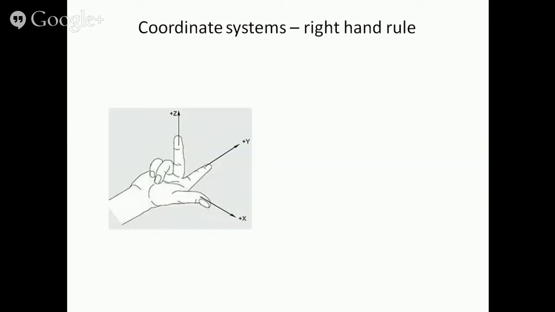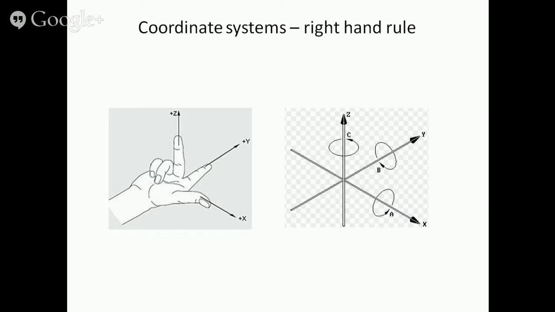The right-hand rule, with which you are familiar, applies also on CNC machines. Remember that the axis rotating around the x-axis is A, around the y-axis is B, and around the z-axis C.